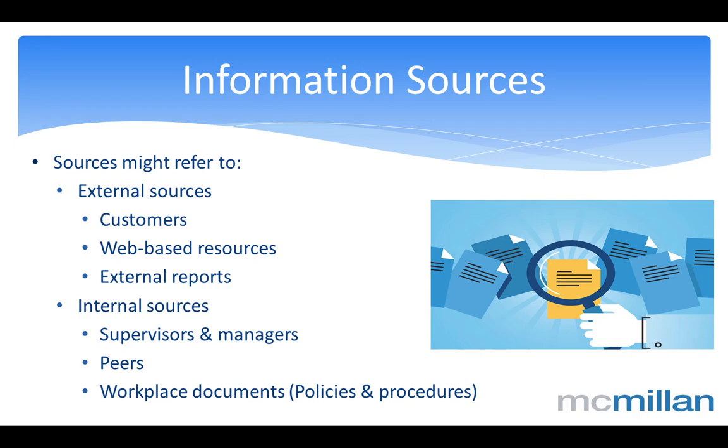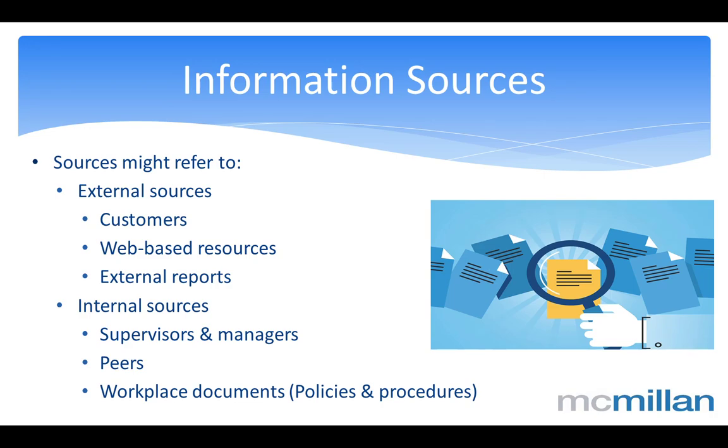So information sources, and again we talked about this previously, but this is pretty important just to recap back on it. Information can come from internal, that is from policies, procedures, supervisors, colleagues, and the like, or it can be external. It can come from outside of our 4 walls, and that's things like customers or members of the public can tell us information.